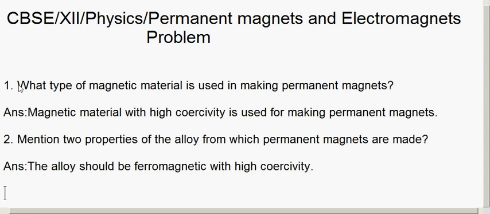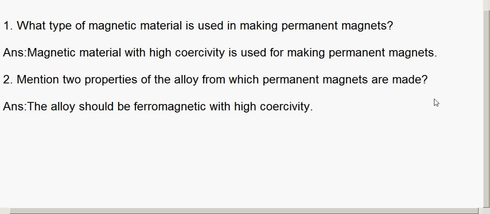Now next question is, why should the material used for making permanent magnet have high coercivity? Now we said it requires high coercivity, so why is the next question. Third one.